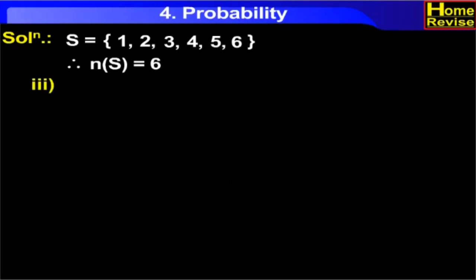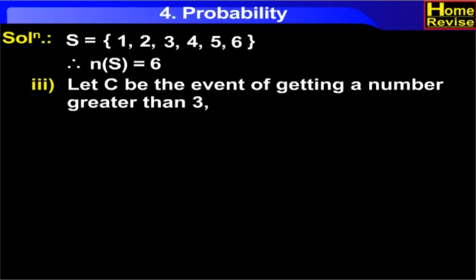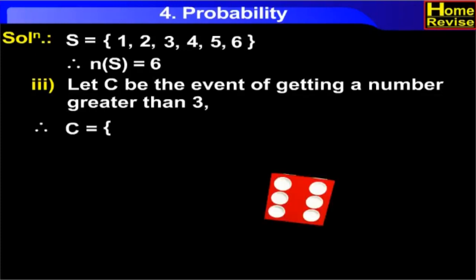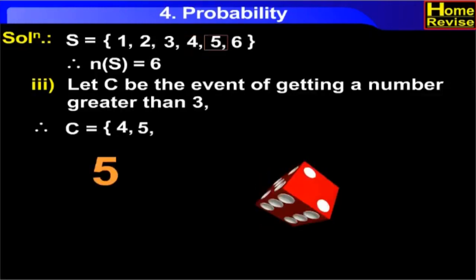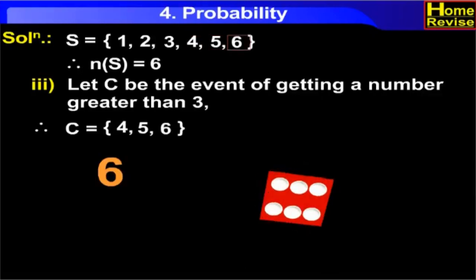Number 3. Let C be the event of getting a number greater than 3. Therefore, C is equal to {4, 5, 6}.